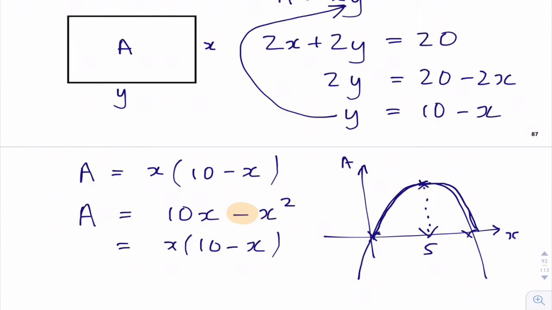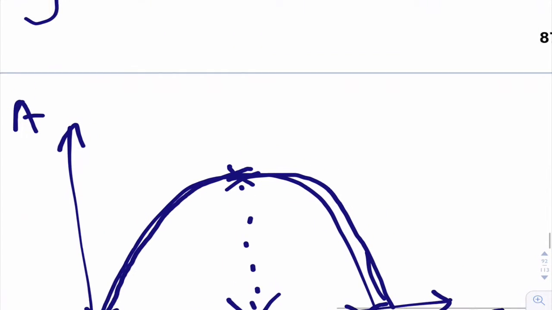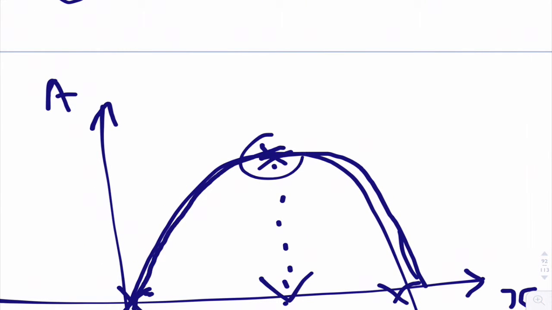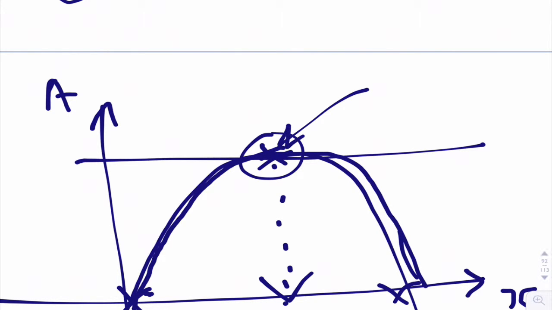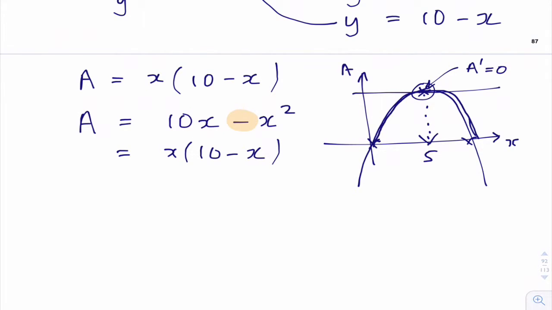Well, calculus is going to be really helpful here, because what we really want to find, that point right there, is where the slope of the curve is 0. Okay, in other words, that is where the derivative is equal to 0. Okay. So let's go back to our function now and do the derivative.